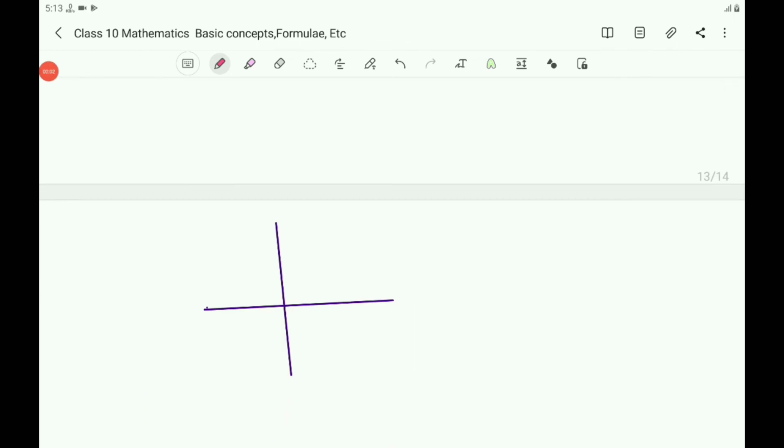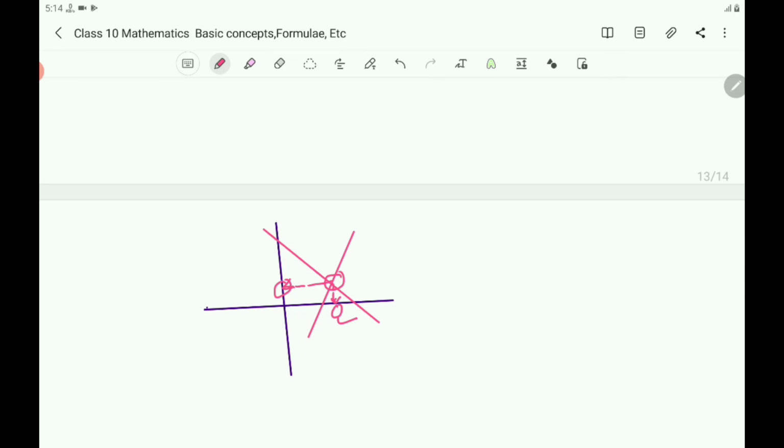Sometimes the question will be asked in this manner. Graph will be given, two graphs, and here the question will be asked to find the solution. So here what you have to find out, you must do like this, because this is the intersecting point. This value, first you write this value, this and this value becomes the coordinates.